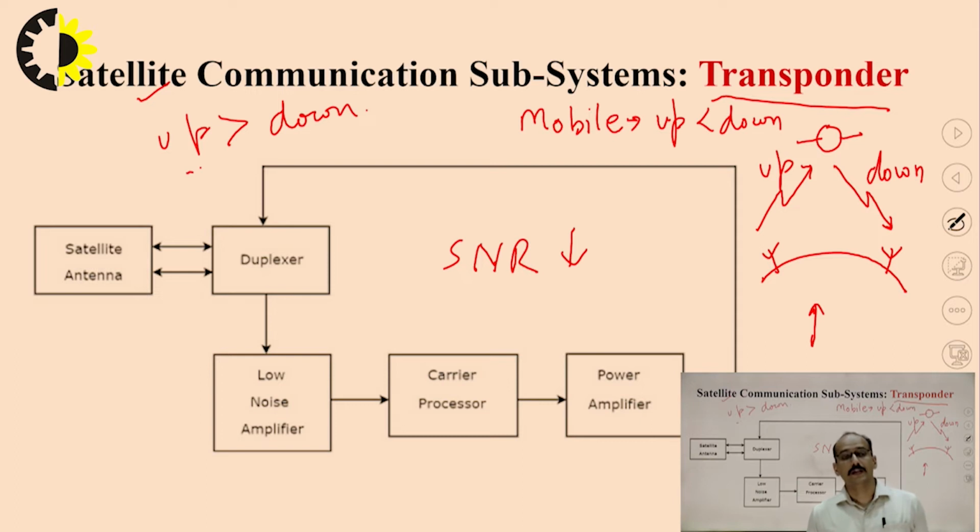They also have very little noise of their own, and that helps to create a noiseless signal. Then that incoming signal, after passing through the low noise amplifier, the LNA, is given to the carrier processor. In the carrier processor, the necessary processing will be done.